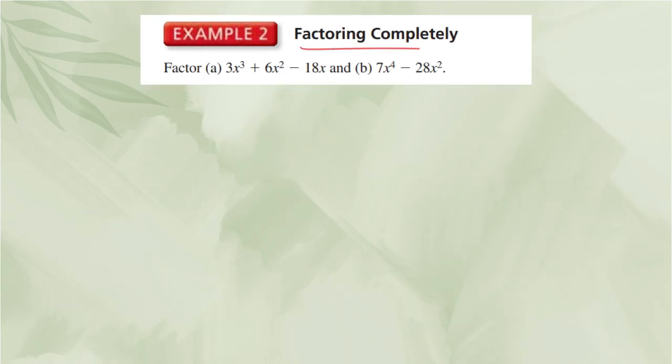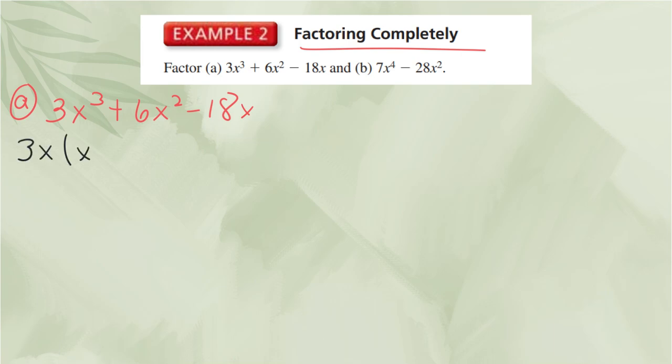Factoring completely. In this first one, A, I have 3x cubed plus 6x squared minus 18x. The GCF in this trinomial will be 3x, so I'm left with x squared plus 2x minus 6.